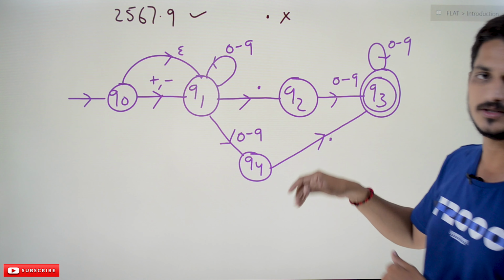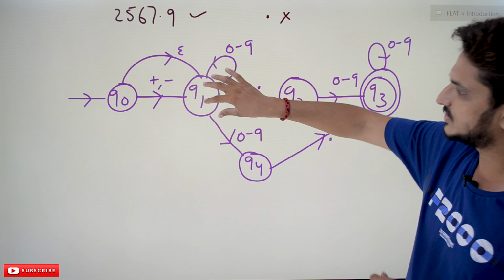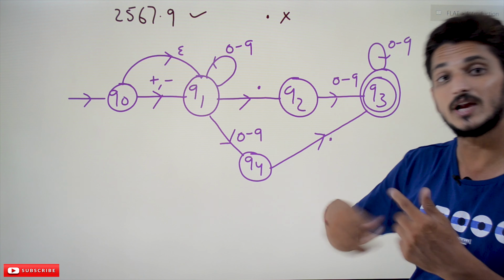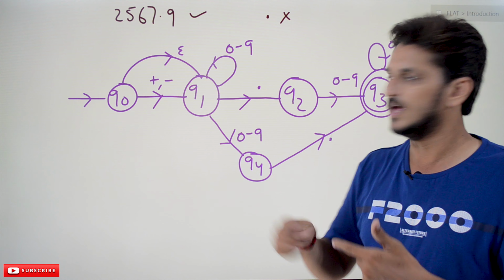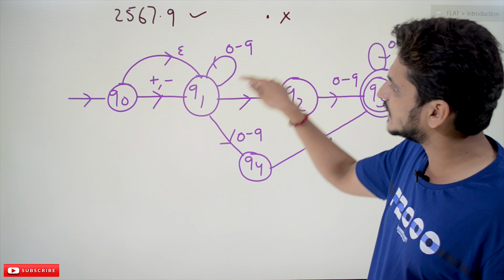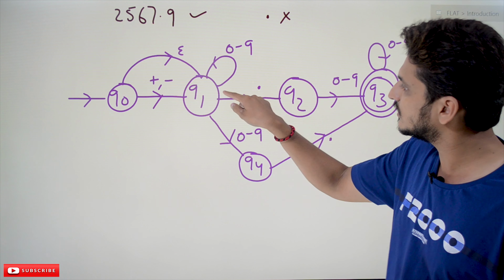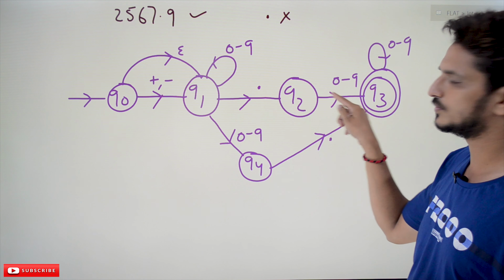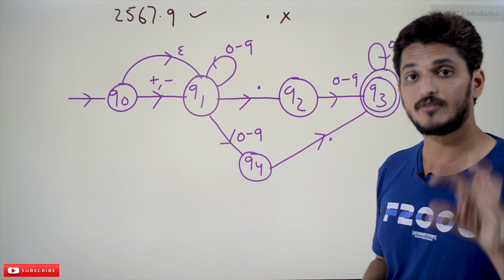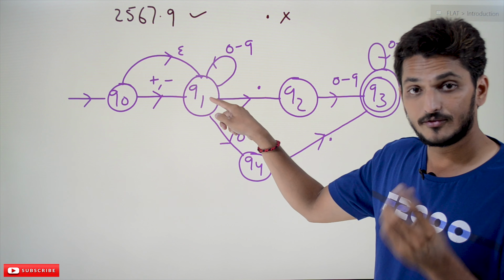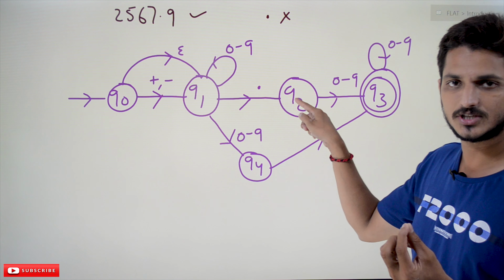Come to the remaining logic. After that, the next input symbol may be a digit or may not be. You can find any number of digits, so for 0 to 9 we stay here. Whenever you find a dot, move. If you don't find a digit on the Q1 state but you find a dot, we take one step.